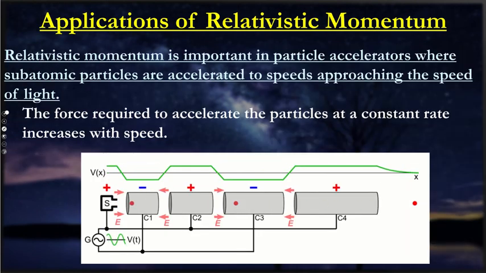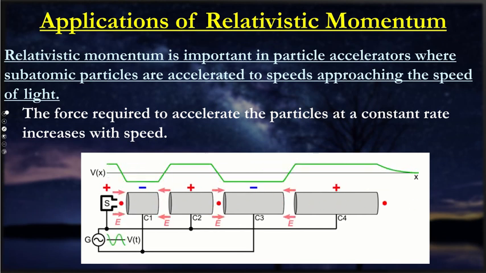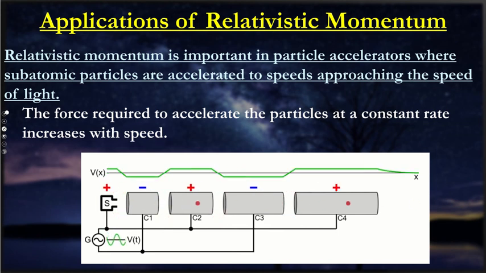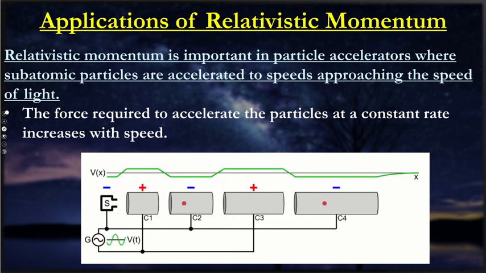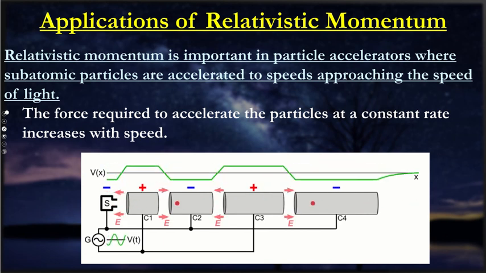In terms of applications of momentum, the force required to accelerate a particle at a constant rate will also mean that it does cost a lot of money to make the particles accelerate really quickly. What we also know is as the particle gets faster, it's going to increase in mass.